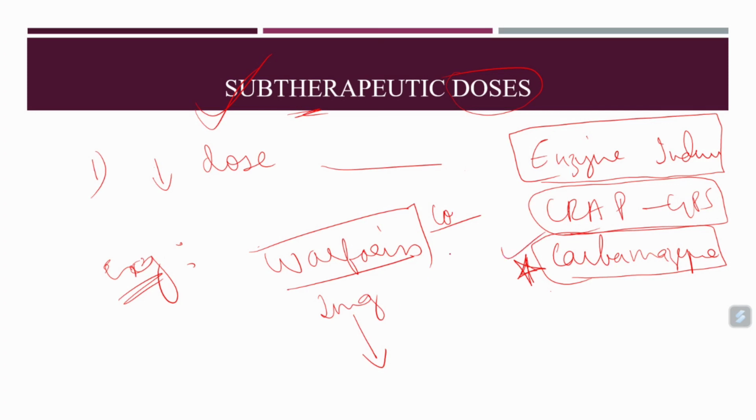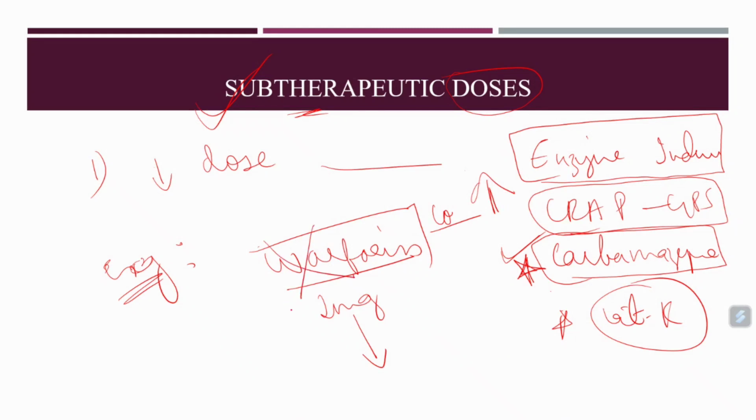Carbamazepine is also prescribed along with warfarin, and here the patient is also taking rich sources of vitamin K, like green leafy vegetables and all. So in this case, what happens? The carbamazepine interacts with the cytochrome P450 enzymes in the liver. They will induce the enzymes, and the cytochrome P450 enzymes will quickly metabolize warfarin.